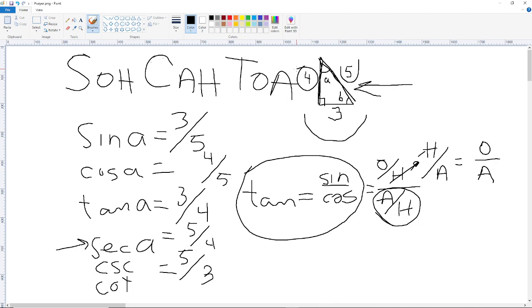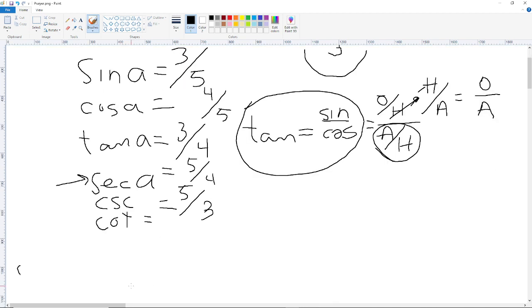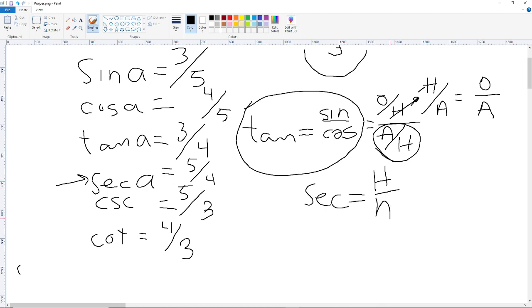And then cosecant would be hypotenuse over opposite, 5/3, and cotangent is 1 over tangent, or tangent flipped, 4/3. That's the other thing to remember. Secant is hypotenuse over adjacent, or 1 over cosine.